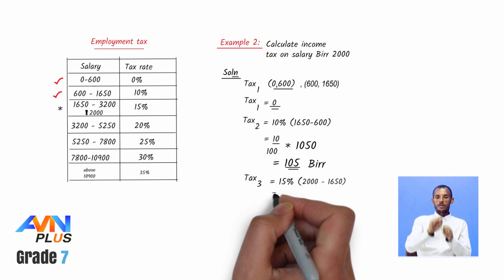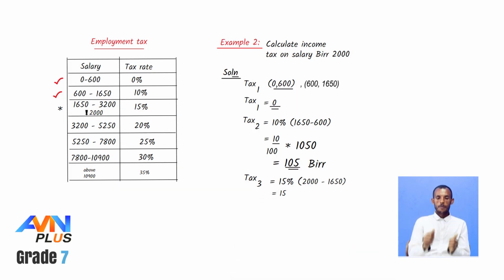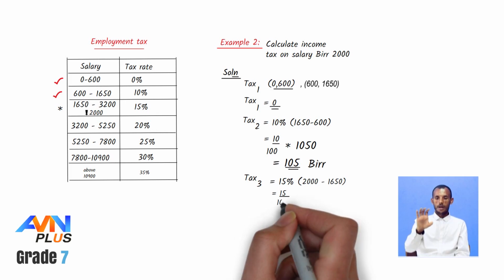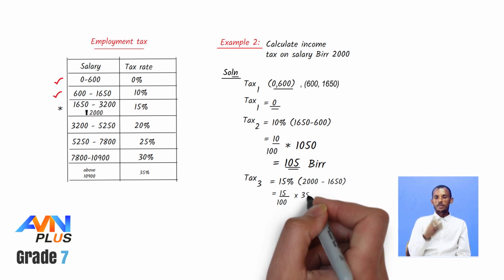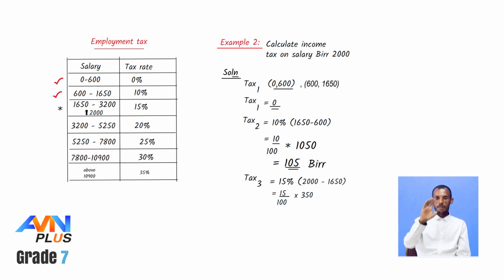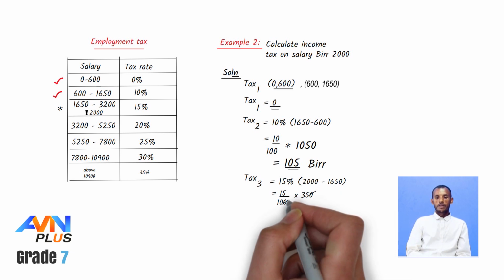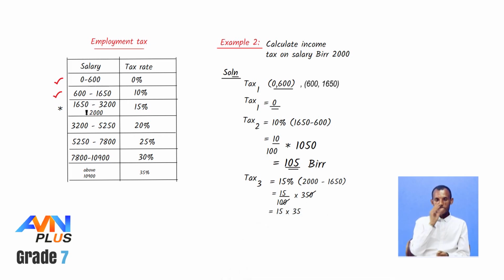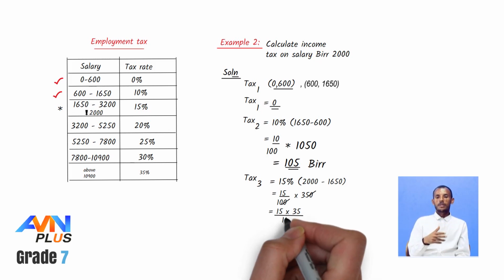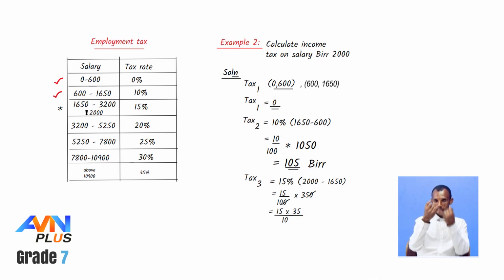So this will be equal to 15% times the difference, which is 350. Cancel 0 by 0 and you have 15 times 35 divided by 10.